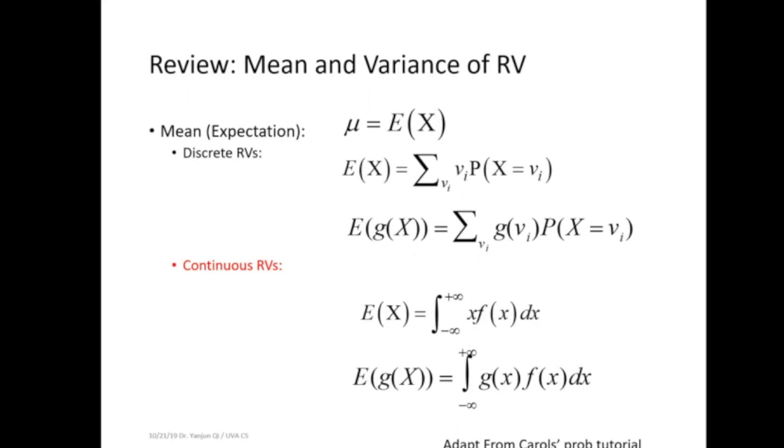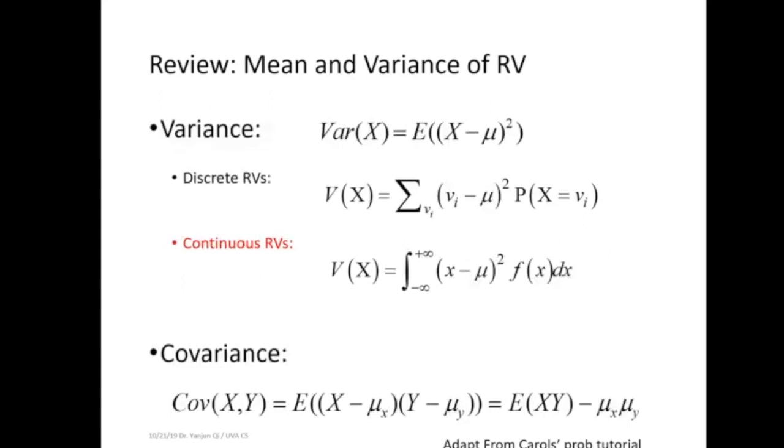Nothing special. And if you want to calculate the expectation of a function of my x variable, it's the same thing. You just do an integral by replacing the x with g(x), and then times f(x) dx, which is the PDF, over dx. So you already learned all this in your probability class.